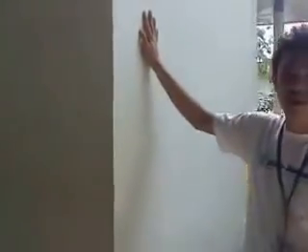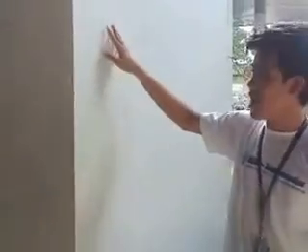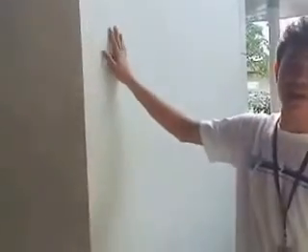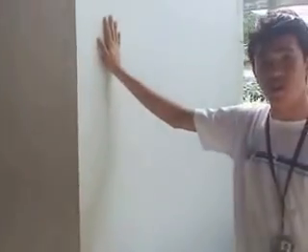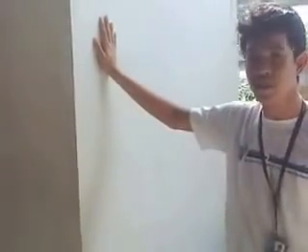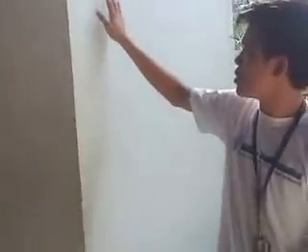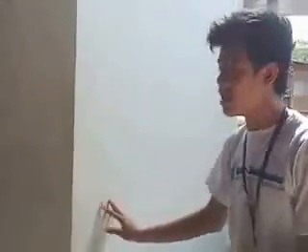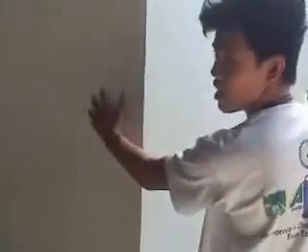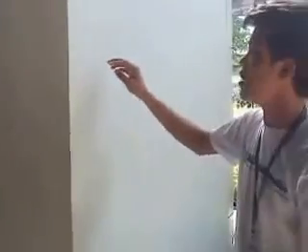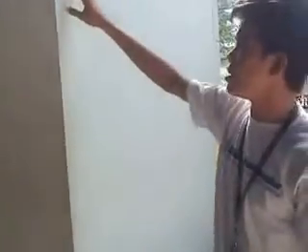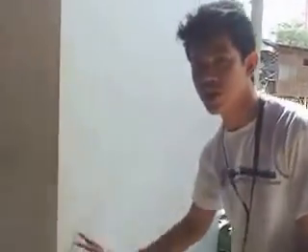I can say this is a dihedral because it has the characteristics of a dihedral. This is a plane here, and this is another plane here. That is a characteristic of a dihedral. And lastly, they have a common edge. That is the characteristic of a dihedral.